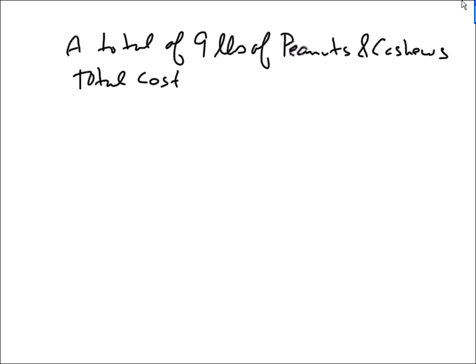Total cost must be $45. Again, you're having this party, you only have $45, and less people are coming, so you only need 9 pounds. How much of each do you get?